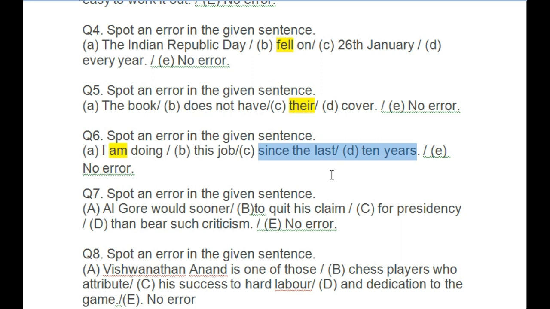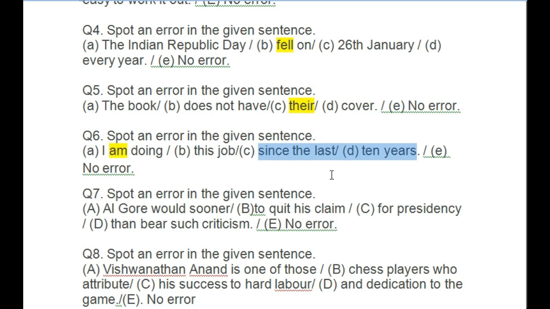So if I say 10 years, 20 minutes, 5 days, 5 weeks, 5 months, we use "for." And when we say 2019, 2020, January, February, 5 o'clock, 6 o'clock, days, times, morning, evening, afternoon, we write "since" with them.